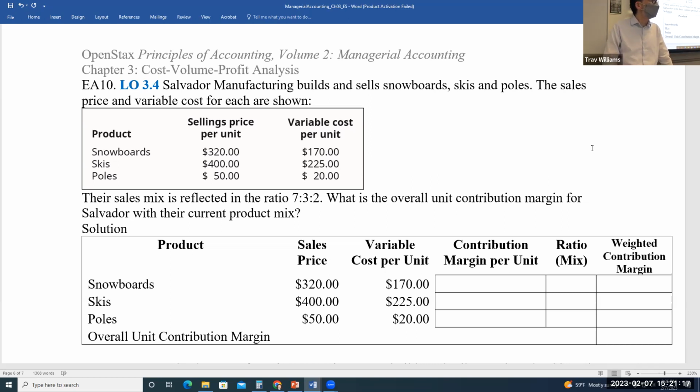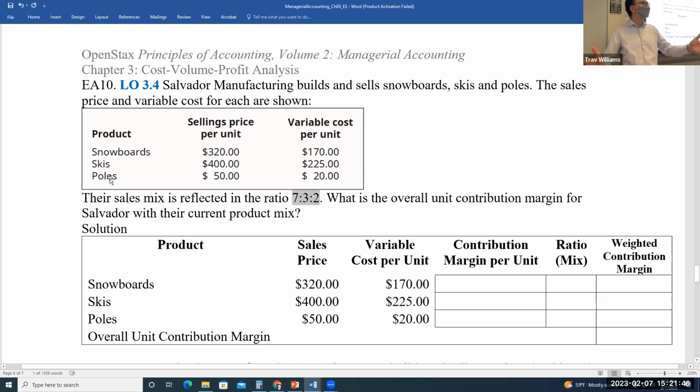And the concept is you have to start off by figuring out a ratio. If they have 3 different products, which ones are the most popular and which ones are the least popular, and then you come up with a ratio. So for example, in this example, the company has a ratio of 7 to 3 to 2. So for every 7 snowboards they sell 3 pairs of skis and 2 pairs of poles.